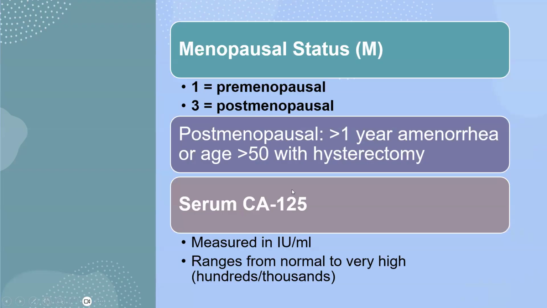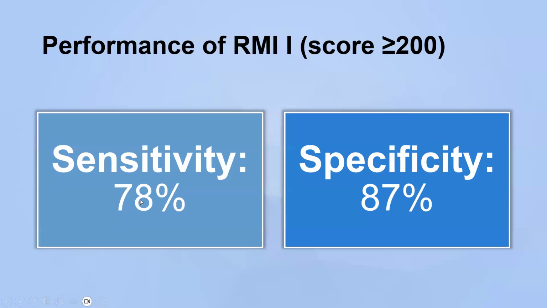Serum CA125 is measured in international units per ml. If the RMI 1 score is more than or equal to 200, then its sensitivity and specificity are high. Sensitivity is 78% and specificity is 87%. These sensitivities and specificities you have to memorize. Although it's difficult to memorize these, you have to because it's commonly asked in the exam.